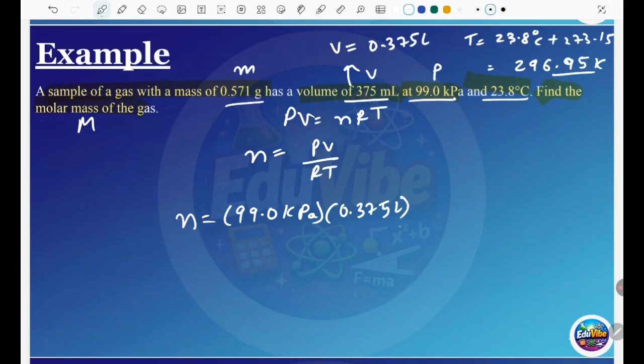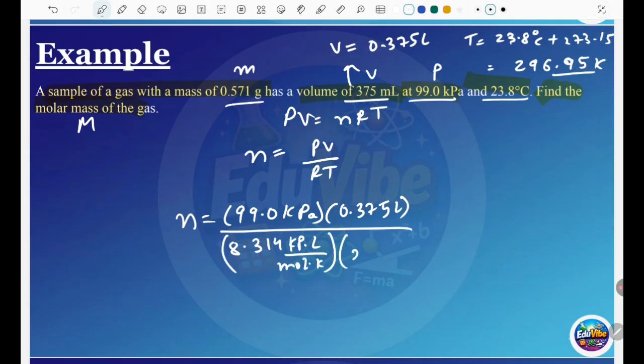And you have to use the R of 8.314 kPa liter per mole Kelvin. And what's the temperature? 296.95 Kelvin. So the kPa cancel out, the liters cancel out, the Kelvin cancel out, and you get the answer in moles.